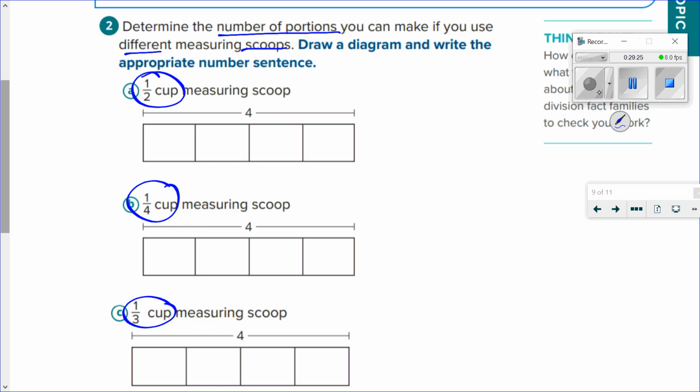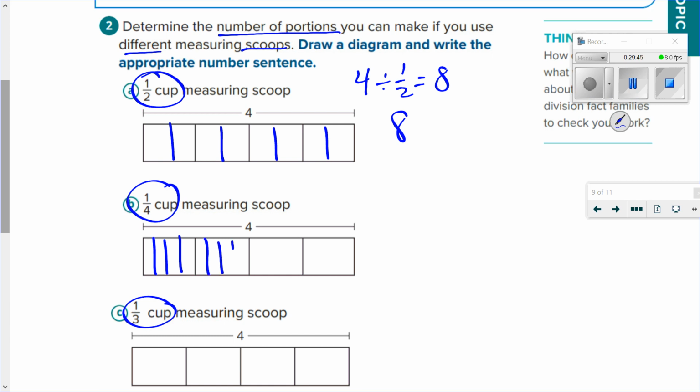Okay, on this one, hope you guys saw, if I just divide them into halves, I ended up with 4 divided by 1/2 equals 8. When I divide it into 4s, 4 divided by 1/4 equaled 16.